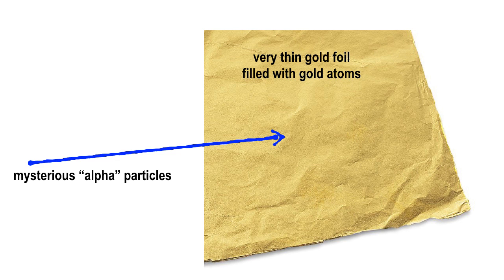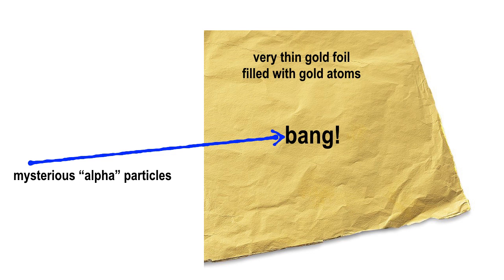We know they're positive. And what he did was he slammed them into a thin foil made of gold. And if you know anything about gold, you know that gold can be pounded really, really thin. So he took the thinnest film of gold that he could, and he said, I'm going to slam those alpha particles into the gold and see where the smithereens go.